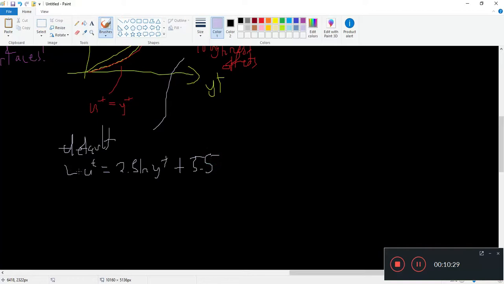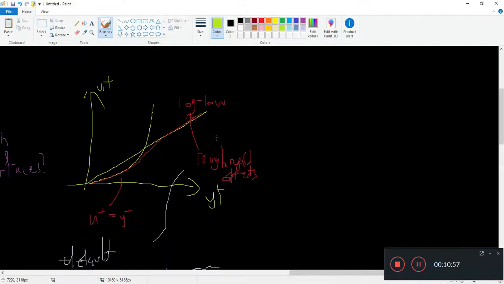Alright, so that is our default. Now, if the surface is rough, then you would have something like this. U plus equals 2.5 ln y plus, plus 5.5 minus some delta U plus.